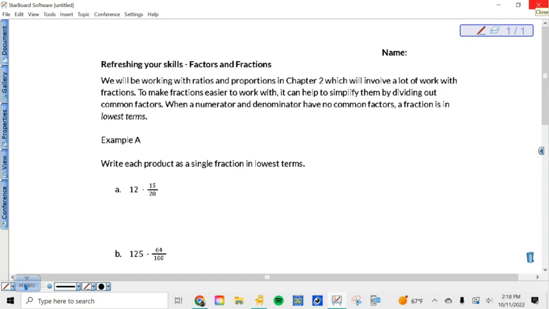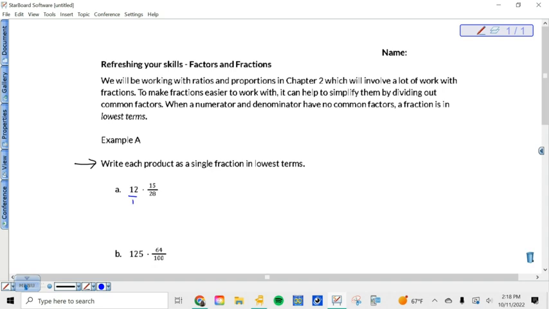So our first example says that we want to write each product as a single fraction in lowest terms. So that means our first step is going to be to do what? Multiply and then simplify, exactly. So what do I do when I'm multiplying fractions?